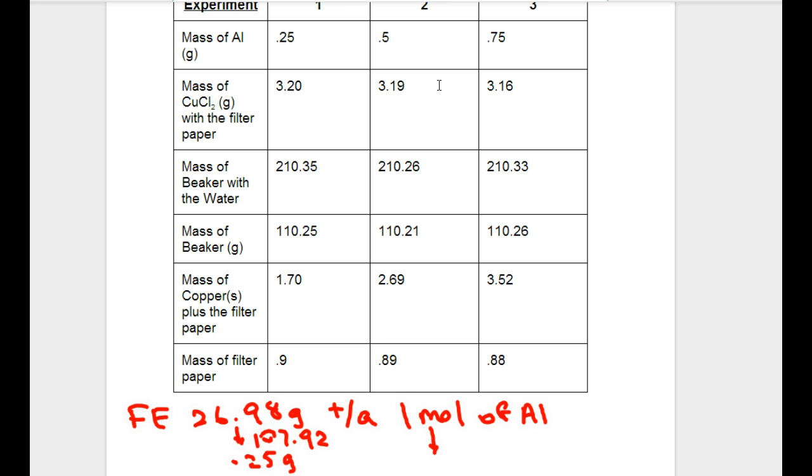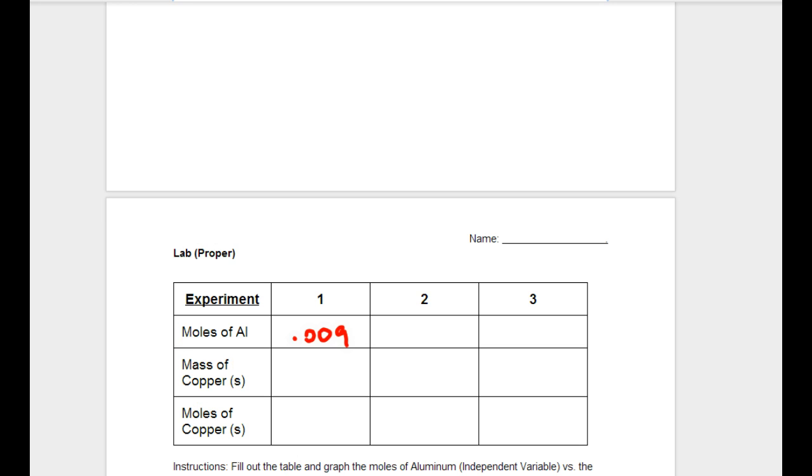So we would do the same thing for the moles of aluminum. Divide by 107.92, and what we get is a mole of 0.009. So for the moles of aluminum for experiment 1, we have 0.009.